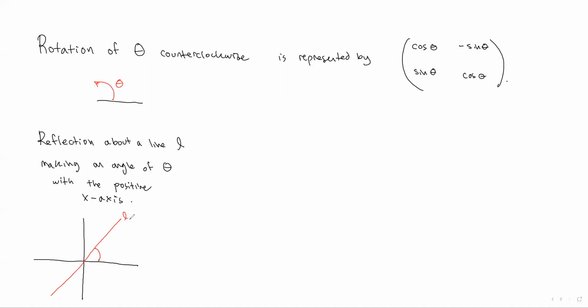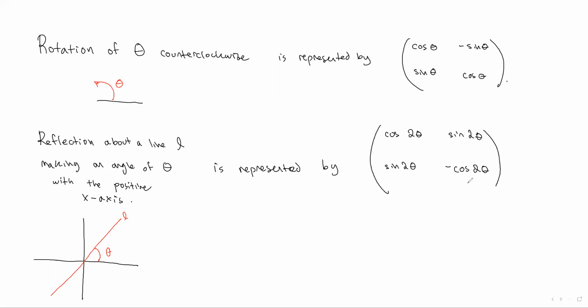So this is the line L, this is the angle theta. This can be represented by this matrix: cos 2 theta, sine 2 theta, sine 2 theta, and negative cos 2 theta.